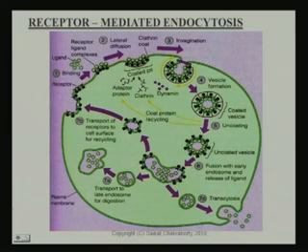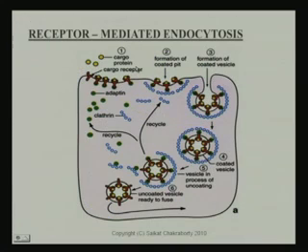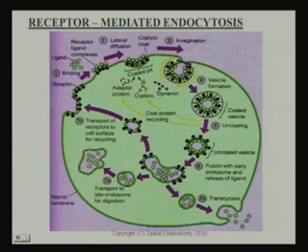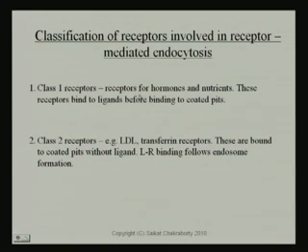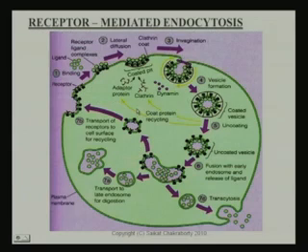The green things are the ligands here, and then the coated pits are formed. So this receptor binds to the ligands before binding to the coated pit. So this is my class 1 receptor, and what would be my class 2 receptor?